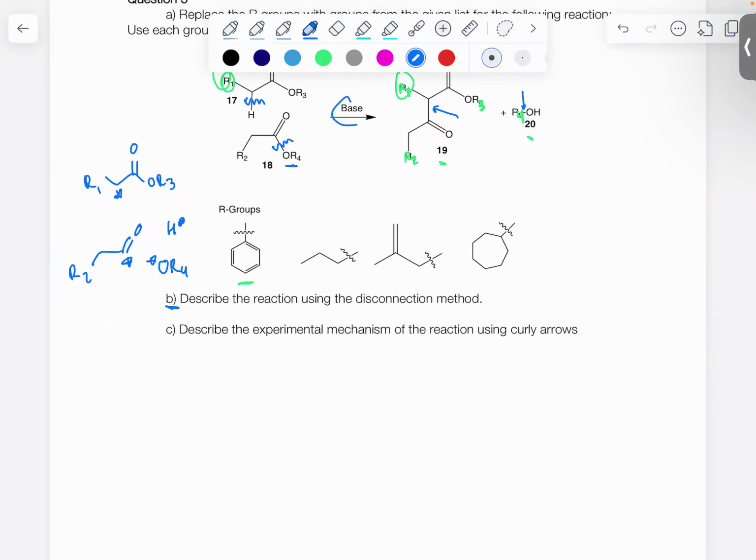We need to use this base first, and so we have R1, and R1 will deprotonate adjacent to our ester.